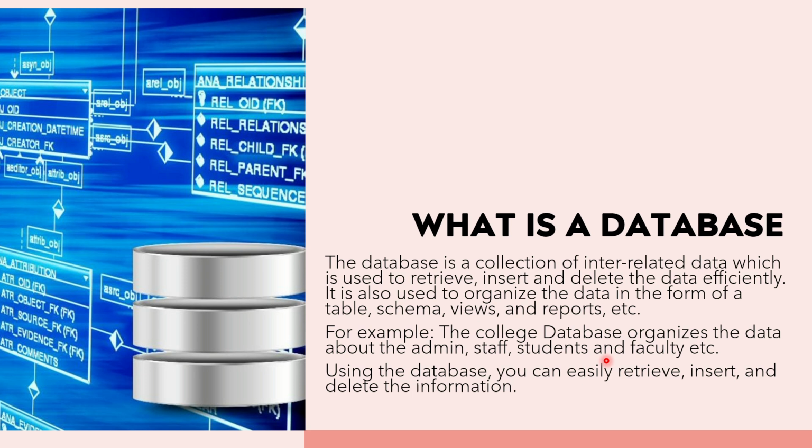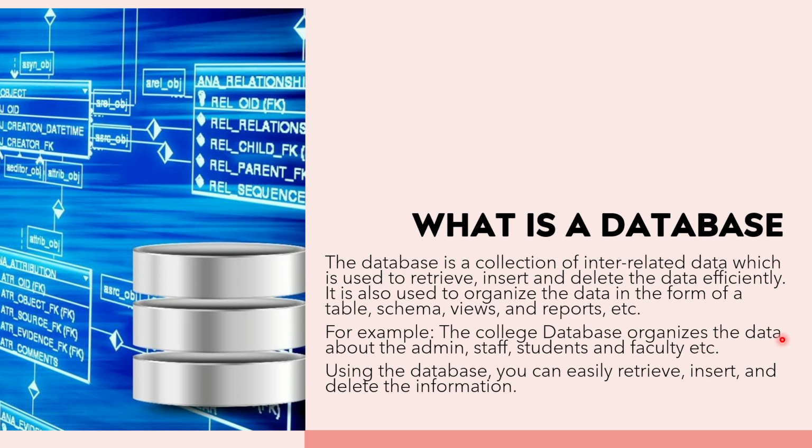In the admin office we are going to have some sort of data, staff is going to have some other data, and students are going to have different data, like books, library details and fee details, all of which will be in their database. Whenever we come to the faculty, we are going to have syllabuses and test papers. All these will be in the faculty database.